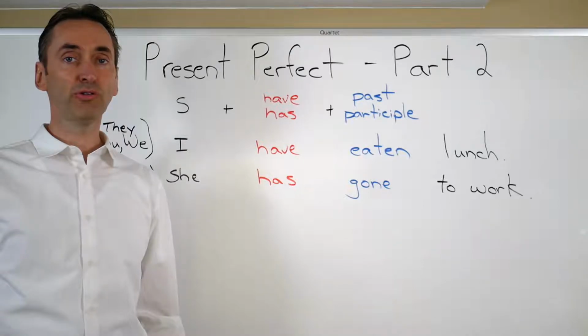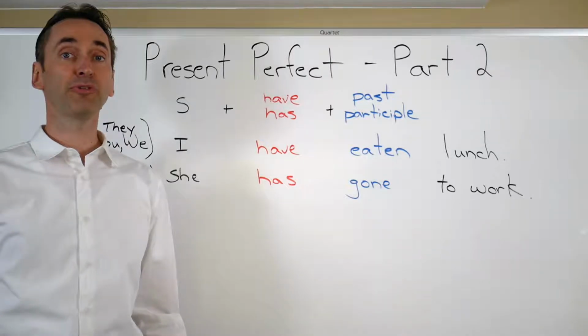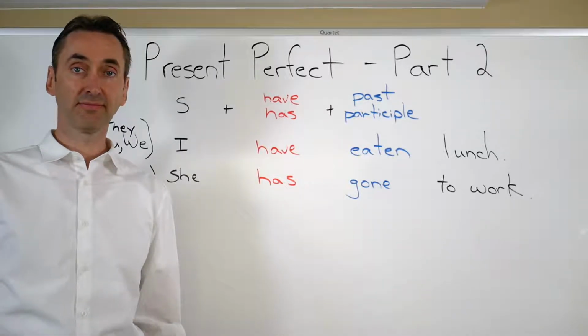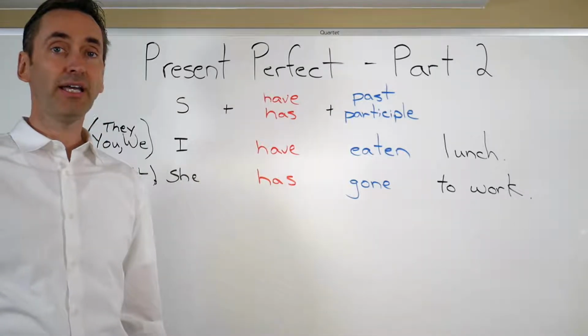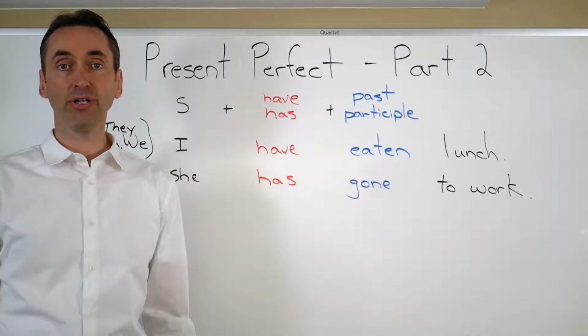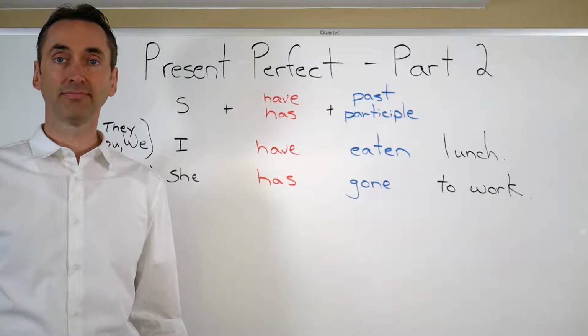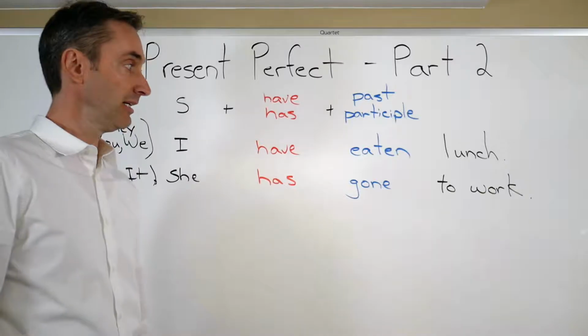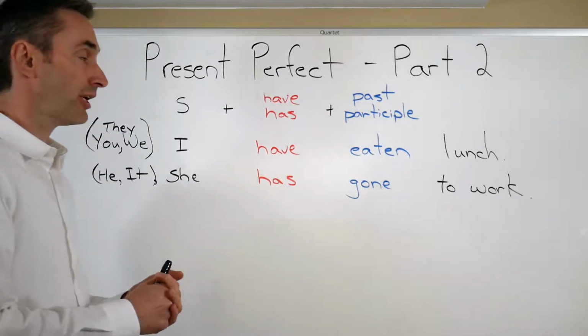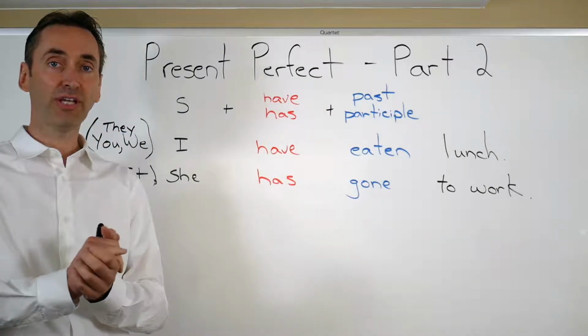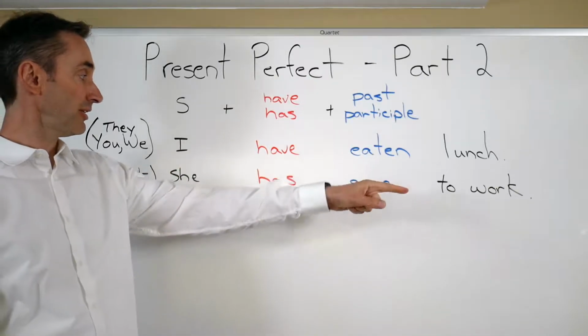Next, we'll move on to part 2 of present perfect tense. 今日は第2、現在完了形の第2の文をします。So, last time we were talking about the formation of the sentence. I have eaten lunch.